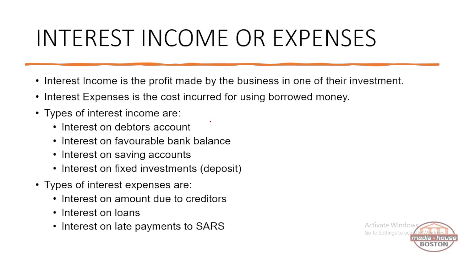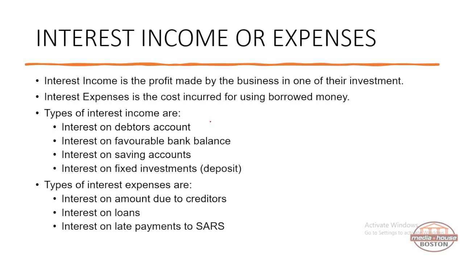Then we have different types of interest income and interest expenses. Interest income is the profit made by the business on its investments, and interest expense is the cost incurred for using borrowed money. Types of interest income include interest on debtors account, bank balance, savings account, and fixed investment.